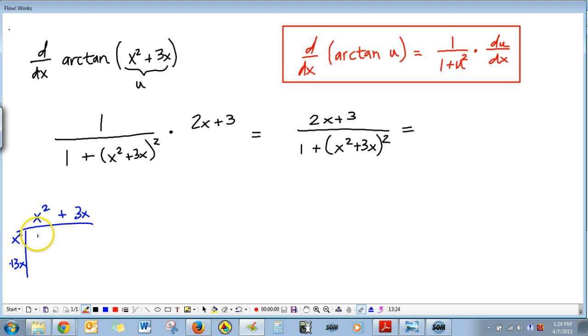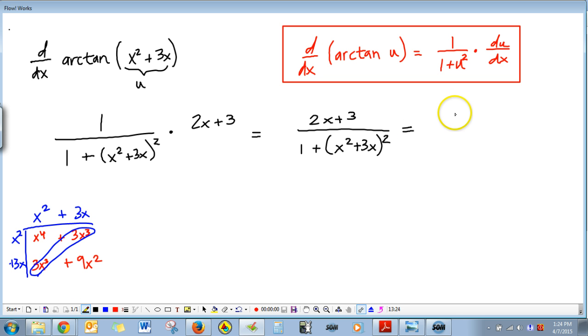x squared times x squared is x to the fourth, plus x squared times 3x is 3x to the third. Then here x squared times 3x is another 3x to the third. And then 3x plus 3x is 9x squared. So we get some like terms right here.